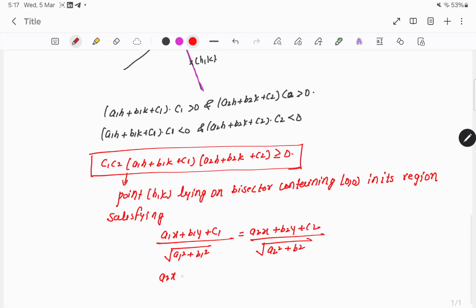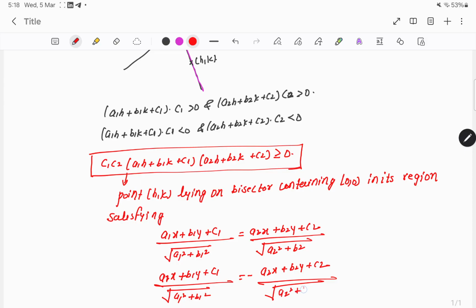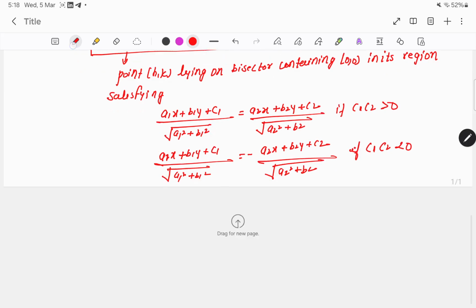Again, we have (a1x plus b1y plus c1) by the square root of a1 square plus b1 square equal to minus times (a2x plus b2y plus c2) by the square root of a2 square plus b2 square. If c1 c2 is greater than 0, then equation number 1 is the angular bisector. If c1 c2 is less than 0, then equation number 2 is the angular bisector.